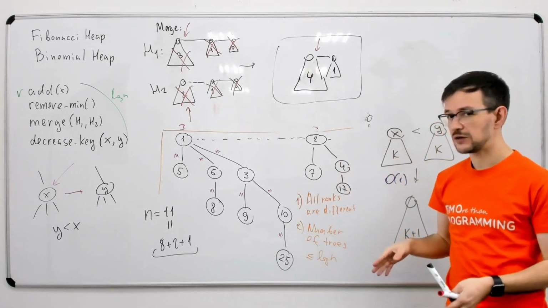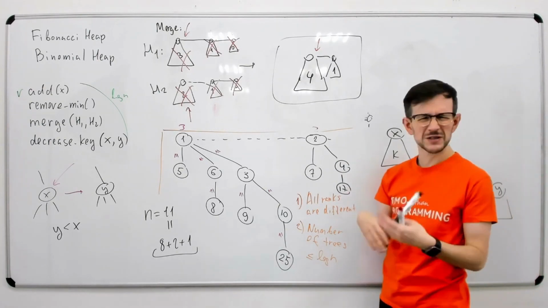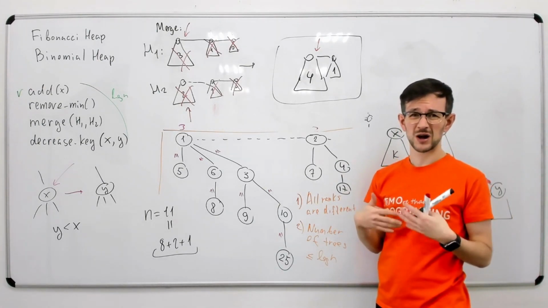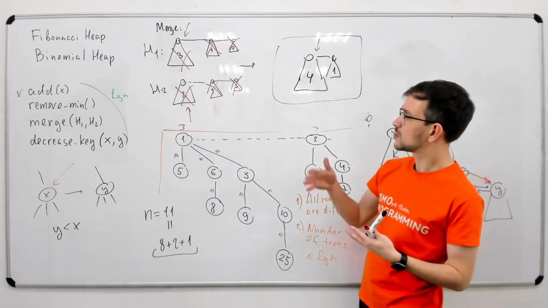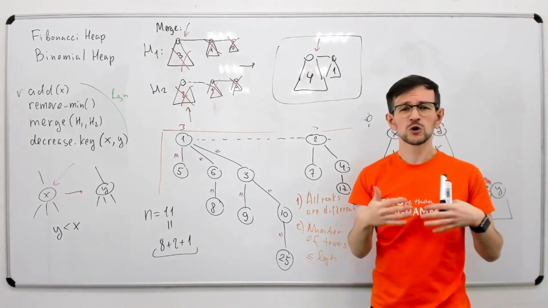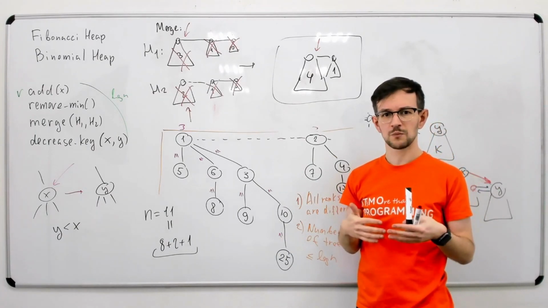Actually, the code is quite easy. If you want to implement this, it's quite easy. It's basically the same as the code of merging two arrays, but a little bit more complicated. Sometimes you can do it the same way as you do merging two arrays.